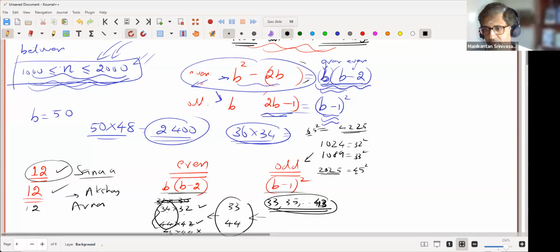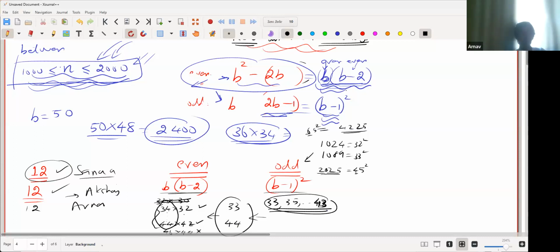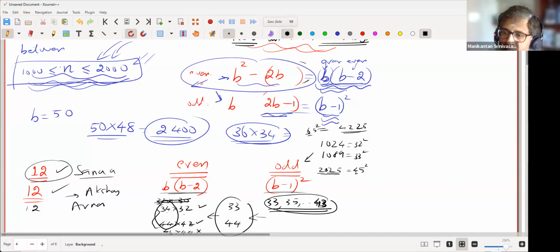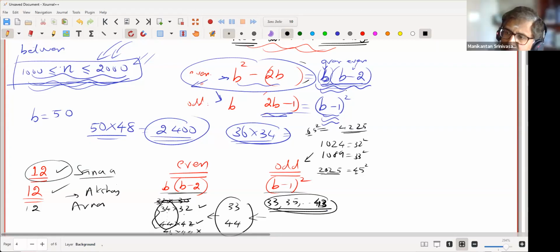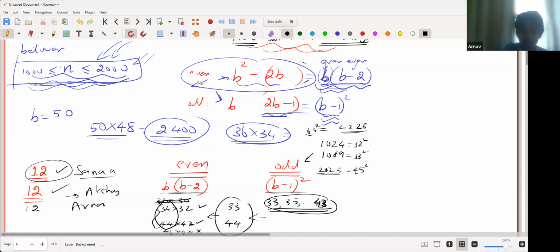Sir, I did it in a very different method. I don't know, maybe I got lucky or something. Go ahead, Arnav. One second, let me just open my book. I did it in a similar method, but I got some very different numbers. So I took 46 into 44 and 8 into 6. Where did 8 into 6 come from? Sir, 8 into 6 is 48.